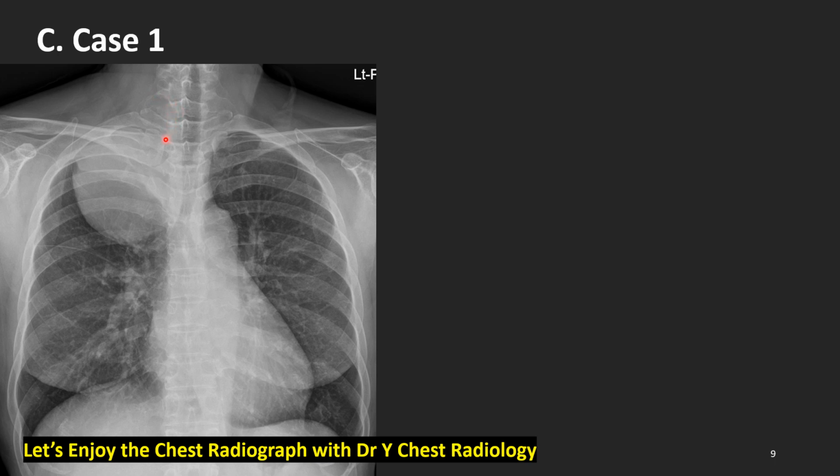We don't see the bone or rib destruction that we usually see in superior sulcus tumor. And the mass's upper margin is above the clavicle.